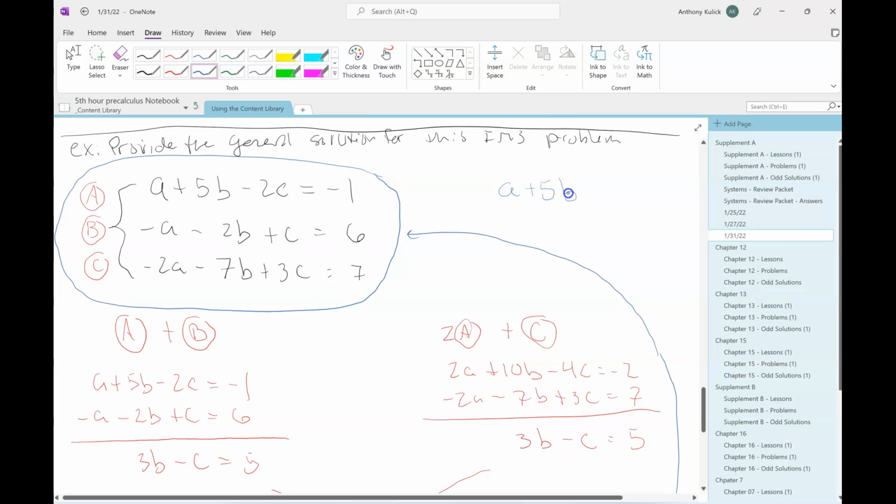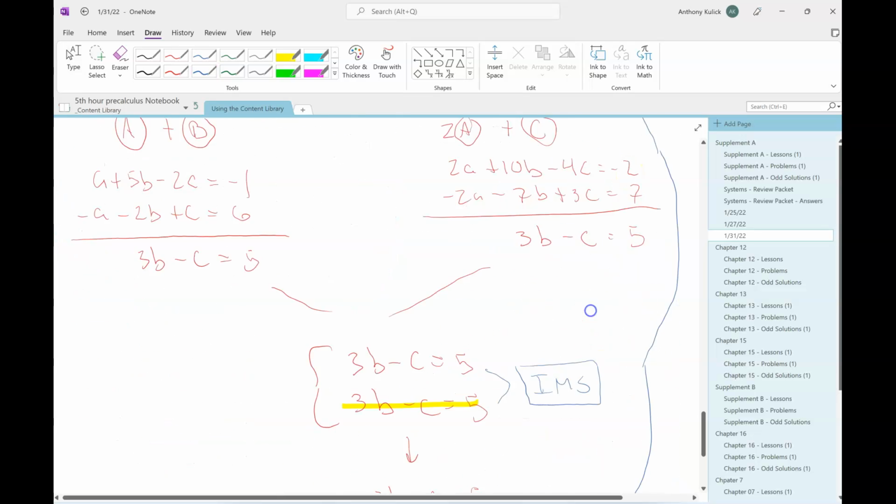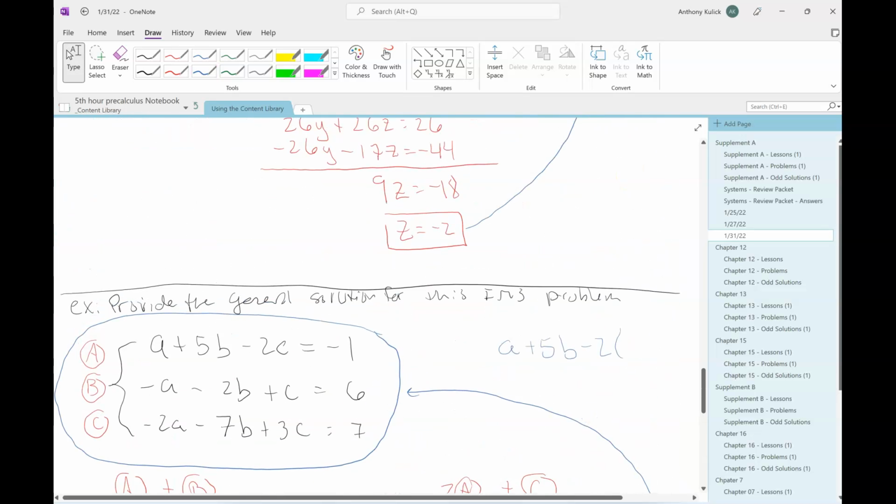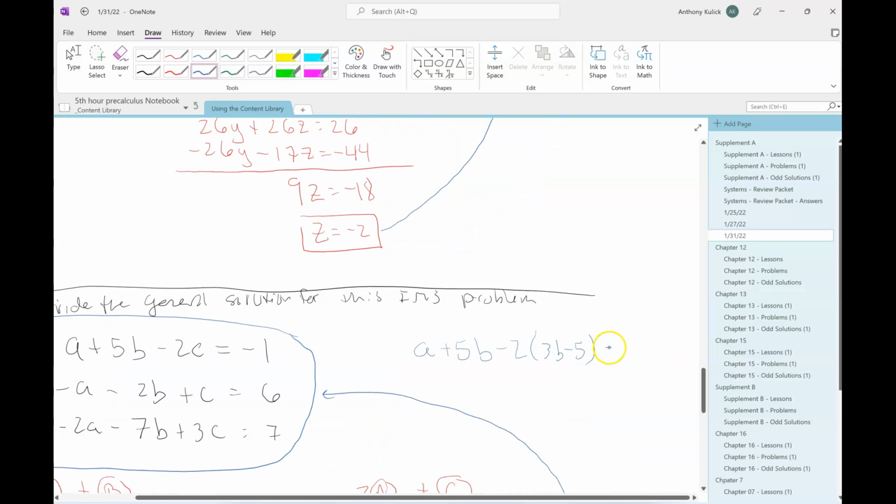The reason I'm choosing to use A is because the A coefficient is 1, so I know I won't have to do any division and create any fractions. Is everybody so far so good?